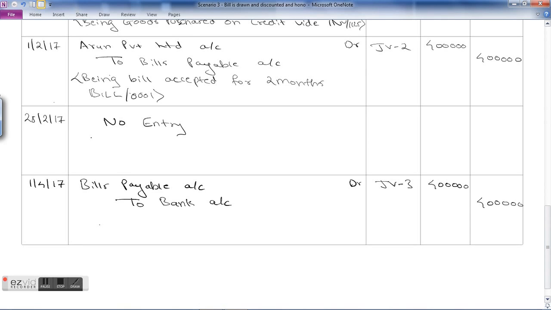So as per the instruction of your seller, that is Arun Private Limited, it has to be paid to either Arun Private Limited or to his order or to the bearer of the bill. So we are paying it to the Kaivalya Bank instead of Arun Private Limited, and the amount of bill is 4 lakh.